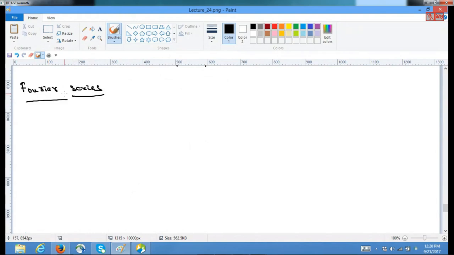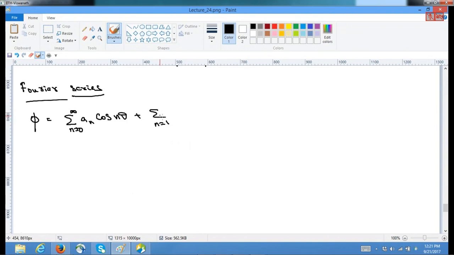So any given function phi can be expanded in the trigonometric basis as follows.